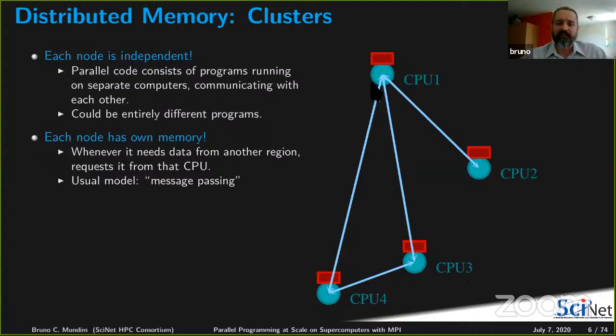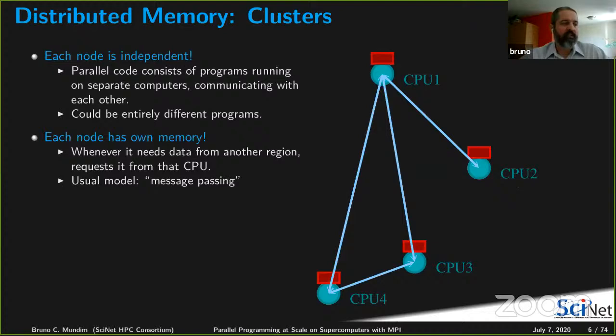So you could run different programs on each of these CPUs, but you could run the same instance on each of these CPUs as well. Suppose that you're doing some computations on a matrix, right? CPU one is computing on the first row, and CPU two is computing on the second row.